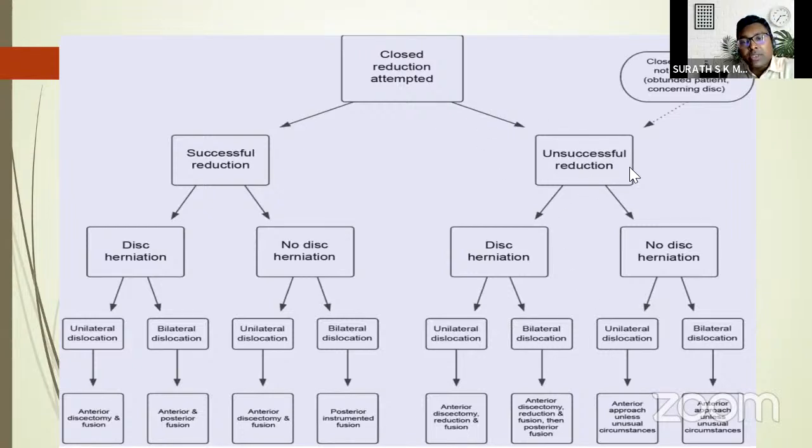If the reduction is unsuccessful, again depending on whether there is a disc or not: if it is unilateral, anterior approach; if it is bilateral, 360-degree. With no disc, unilateral, anterior approach; bilateral, again anterior approach only. So you can see the trend is mainly to go for anterior approaches rather than posterior approaches.